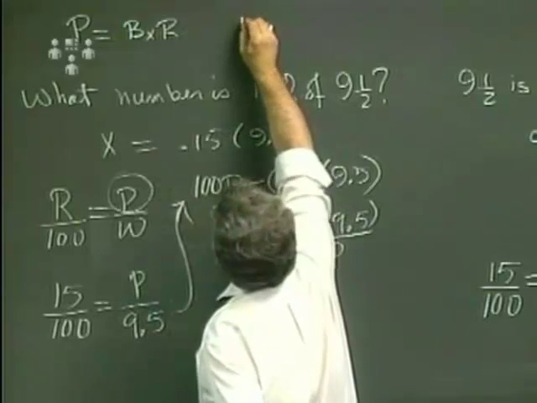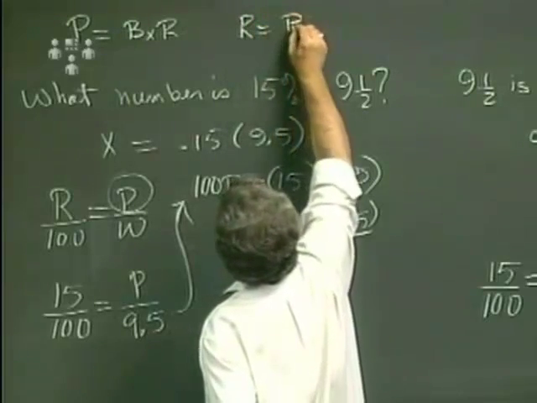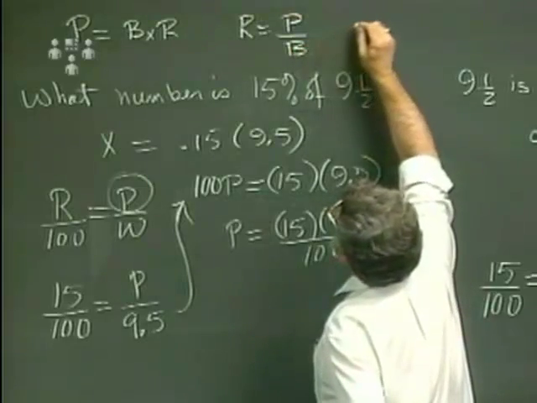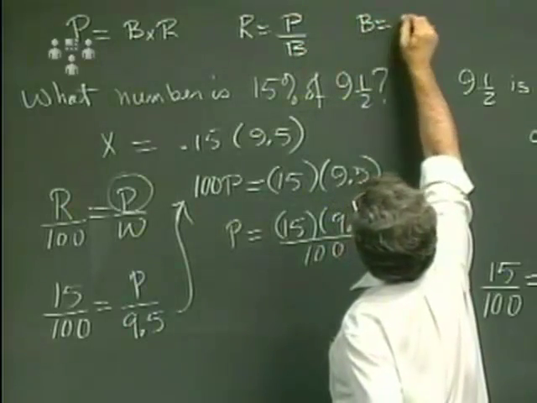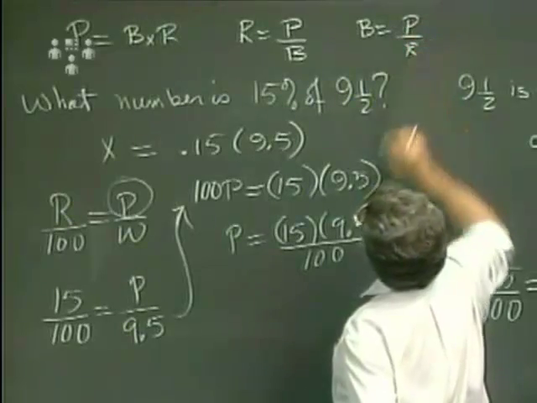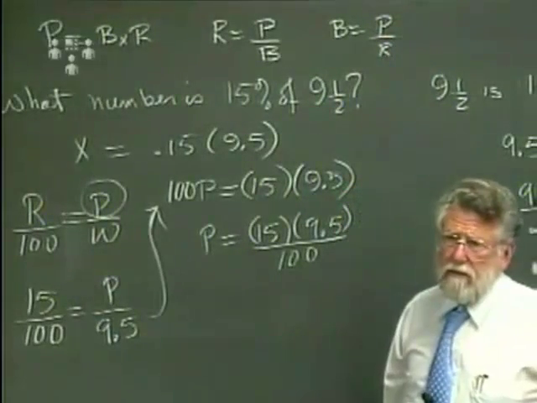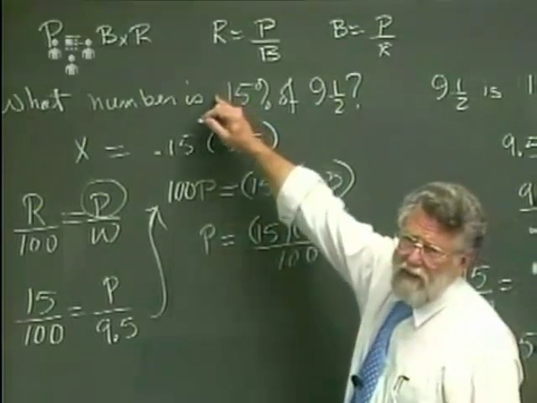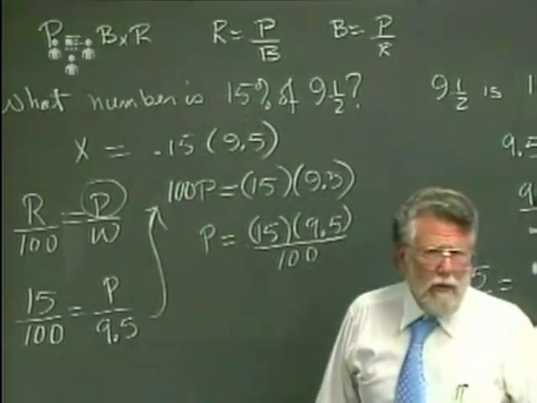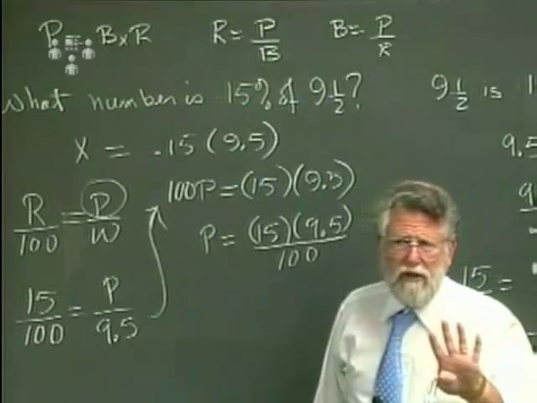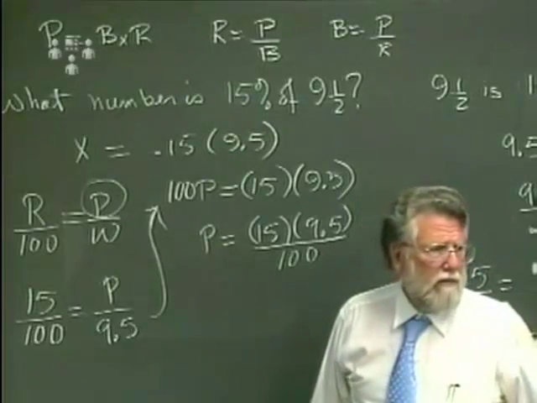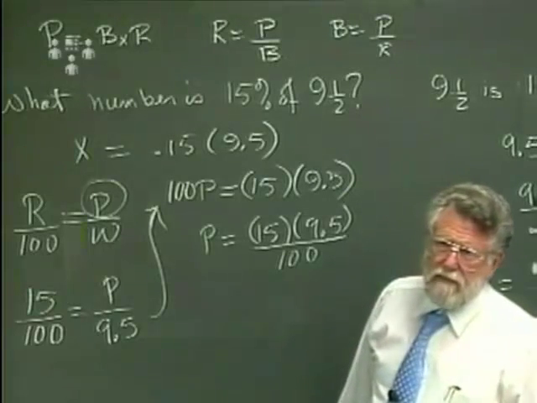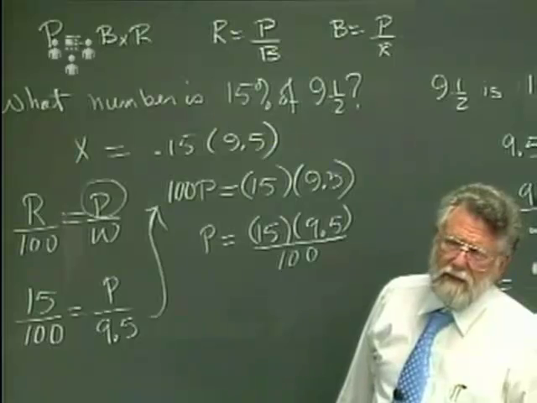Or we could have said that the rate is P over B, or we can say that if you want the base, it's equal to P over R. You could have memorized one of those formulas. You can use the triangle. You can set it up as an equation, or you can do it as a proportion. 4 different approaches, same problem. Now, of those, where do you want to put your hat?